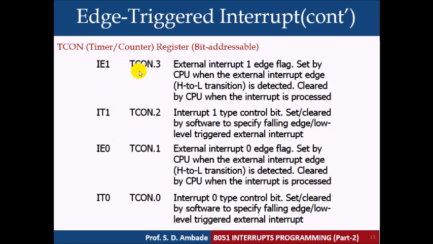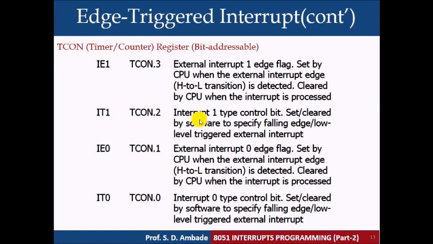IE1, also called TCON.3, is the external interrupt 1 edge flag, set by the CPU when an external interrupt edge, a high to low transition, is detected, but cleared by the CPU when the interrupt is processed. Similarly, IE0 is for external interrupt 0.